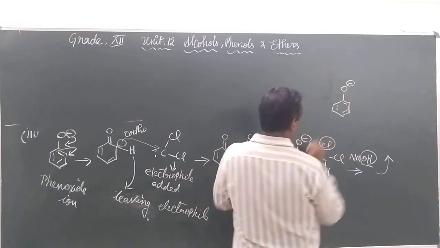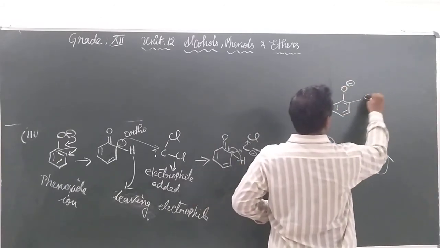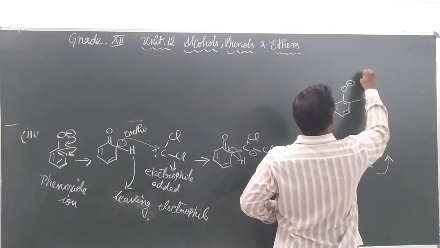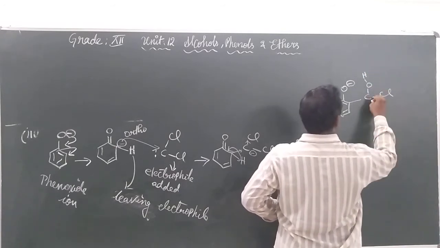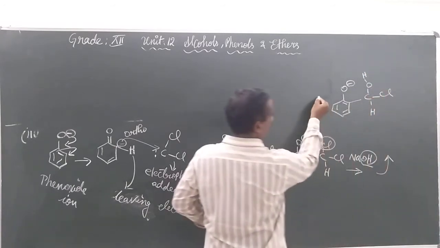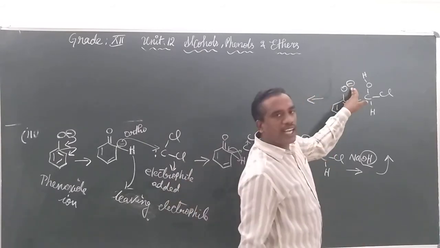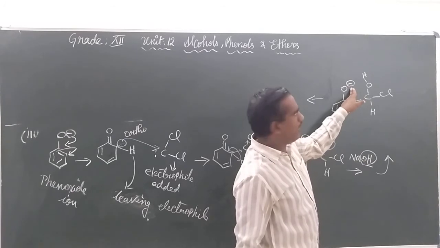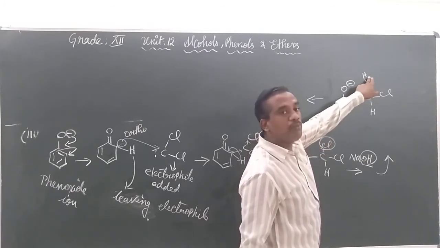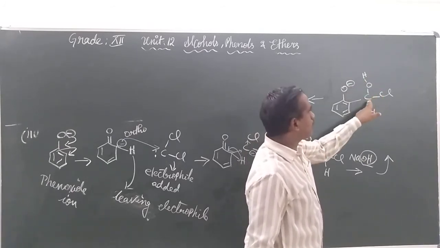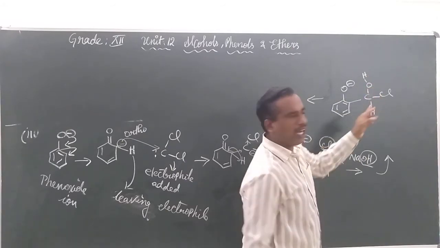O minus, C OH, a chlorine is there and a hydrogen is present. Please observe the negatively charged oxygen is going to take up the hydrogen that is present on the carbon in the form of alcohol.